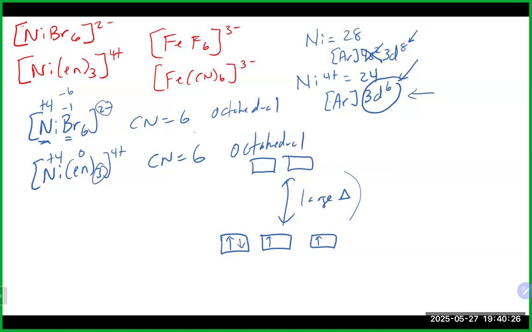I'm just going to come down here. And in this case, we end up with how many unpaired electrons? 0 unpaired electrons. This would be considered a low spin complex, as you have a lot more paired off electrons than unpaired electrons. Any questions on that there?